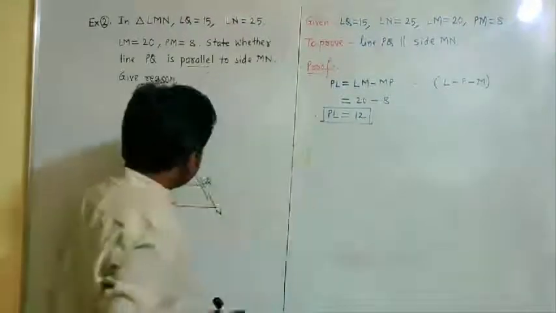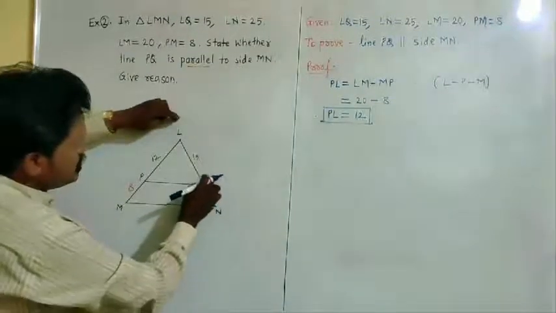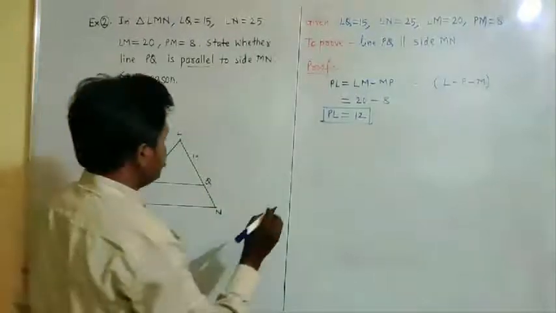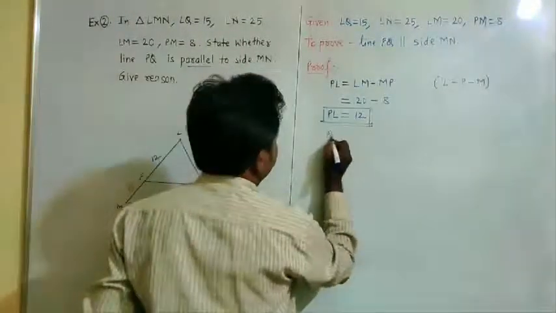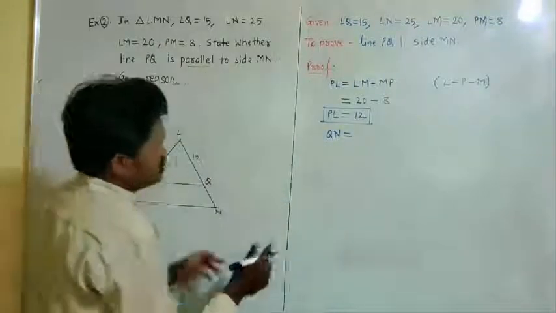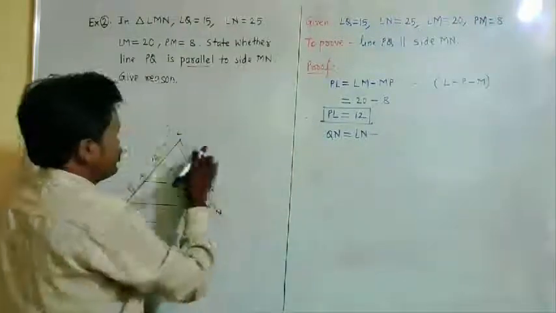Again you find QN. You know LN and LQ. Subtract this, you get your QN. So I write here directly QN is equal to LN minus LQ.